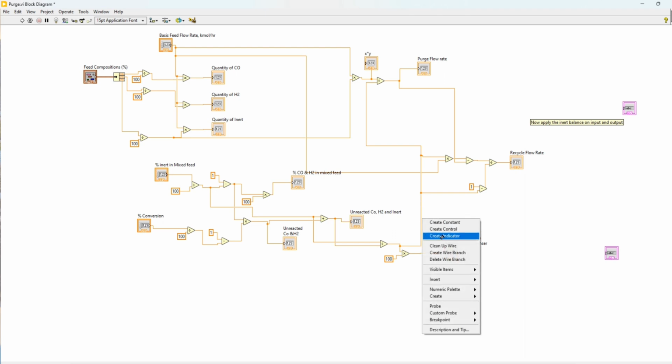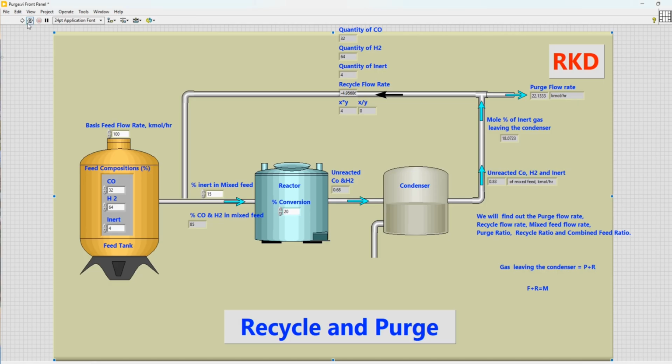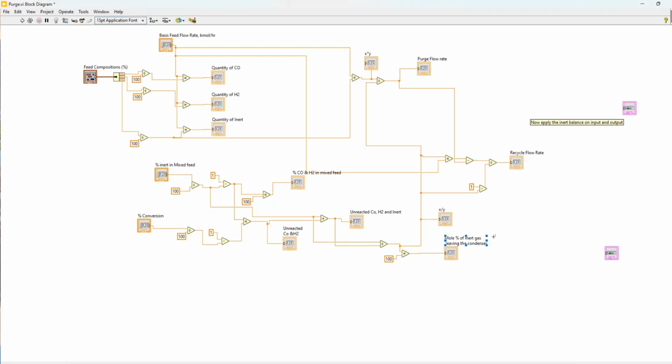Let me check what this value is coming. 0.182, okay.